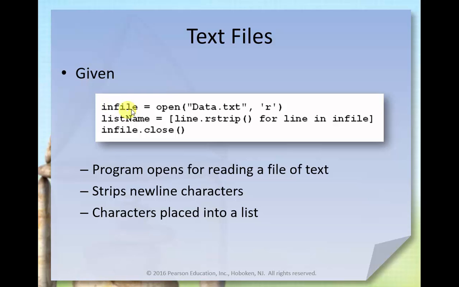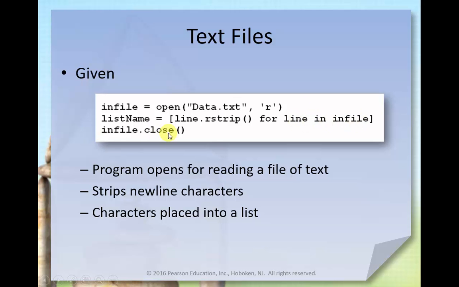Very simple. We're declaring a variable called inFile, and we're going to open a text file that's out on the operating system somewhere called data.txt, and we're going to open it in read mode. And we're going to set up a list called listName, and we're going to use this function to strip off the new lines from each line, and we're going to do that as we read everything in for every single line in the file.